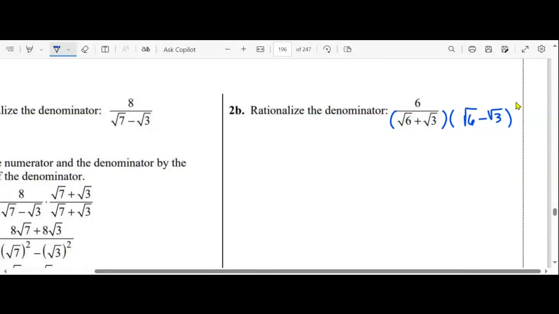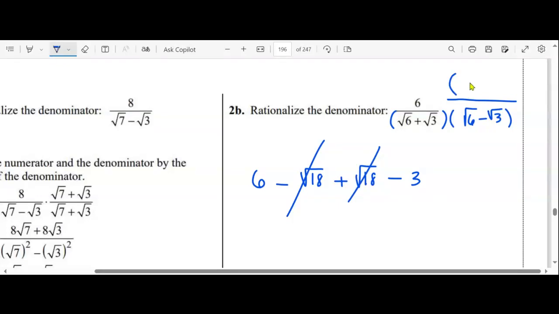Right. So why do we do the conjugate? To get rid of the square root in the denominator. Square root of 6 times square root of 6, what will it give you? 6. Square root of 6 times negative square root of 3 gives you? Negative square root of 18. And then you have the same thing here with the opposite sign. They cancel each other. Square root of 3 times square root of 3 gives you? 3.